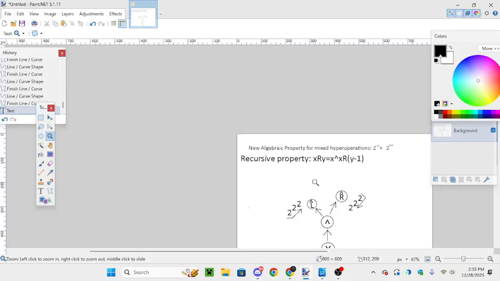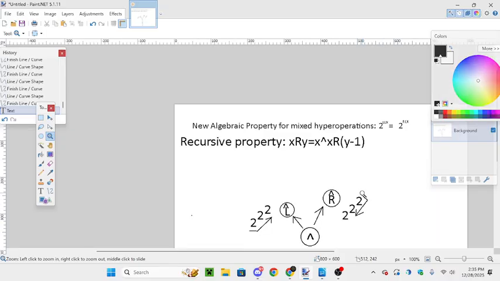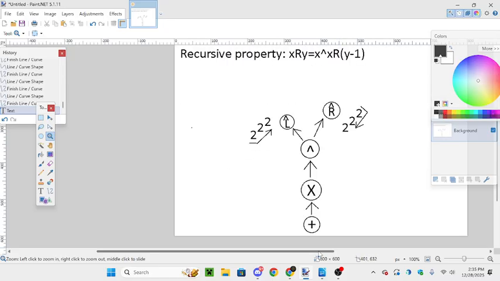Every single hyperoperation has a recursive property. It's not exactly the same in each one, but because of how the hyperoperations are defined, every single hyperoperation automatically gets the recursive property, allowing you to express it in terms of a lower operation.